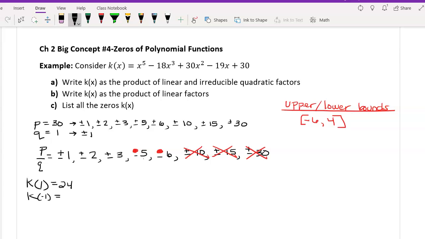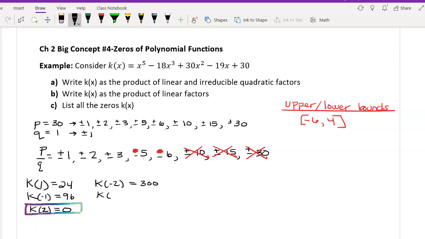k of -1 equals 96, so once again, not a factor. k of 2 equals 0. All right, so that tells me, hey, that 2 is going to be a factor. Next, we'll go to k of -2. That's 300, so not a factor.